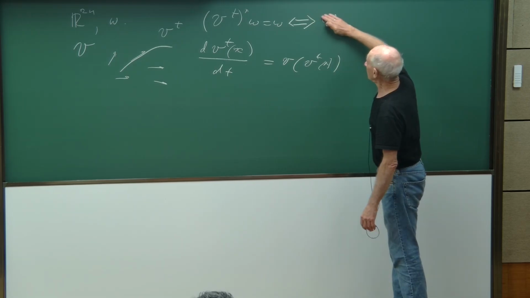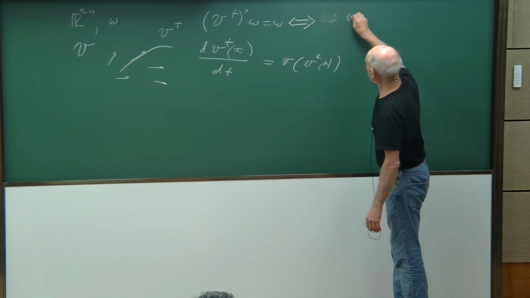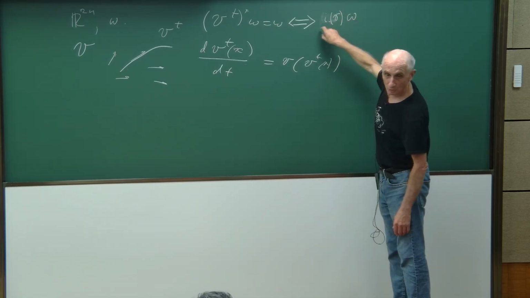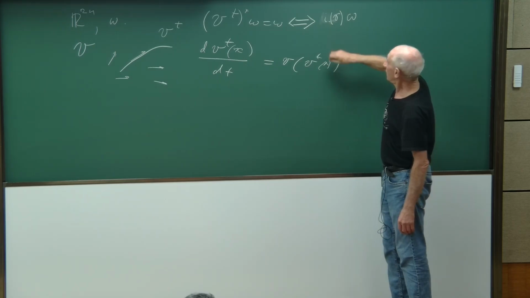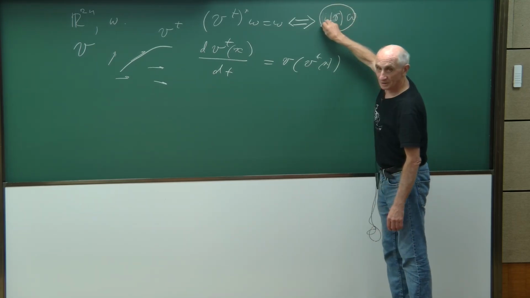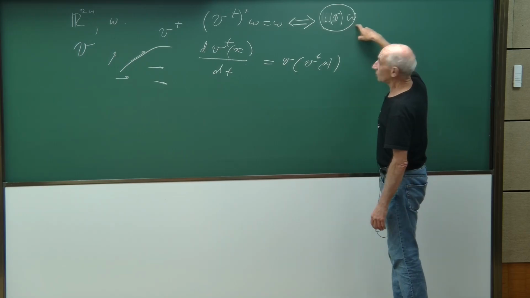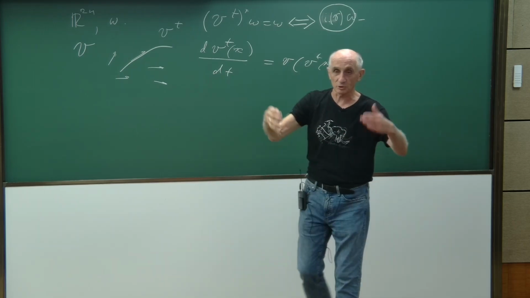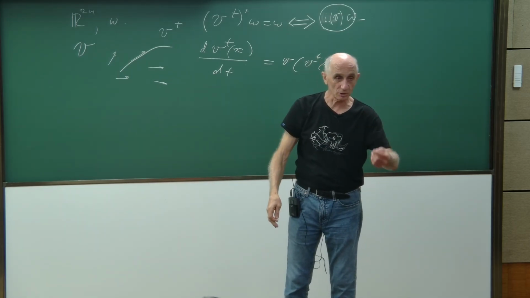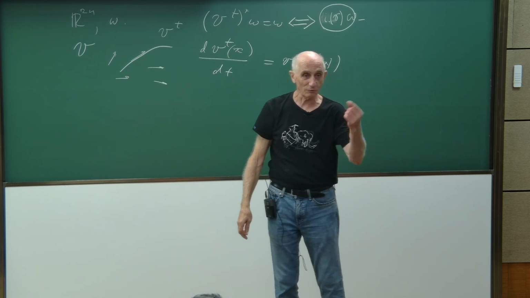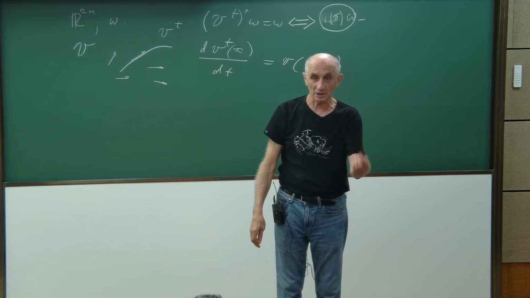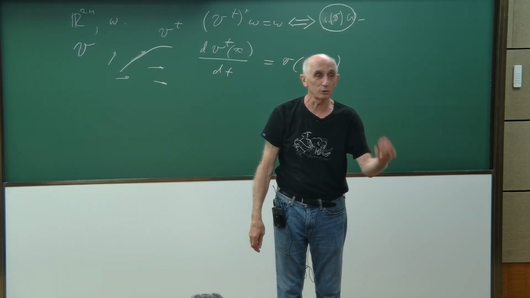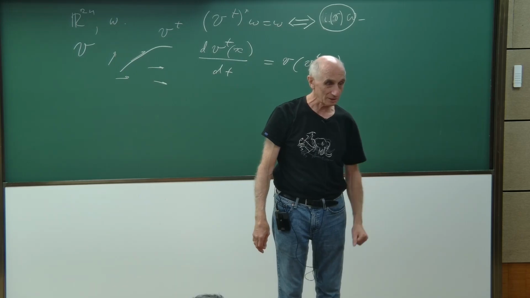You take the form omega and take a contraction, what is called the interior product of omega with v. And you want this thing to be a closed one-form. So omega is what is called a differential 2-form, and if you plug your vector field in instead of the first argument, that's called contraction. You get a differential 1-form, and this differential 1-form has to be closed, and this is what symplectic means.